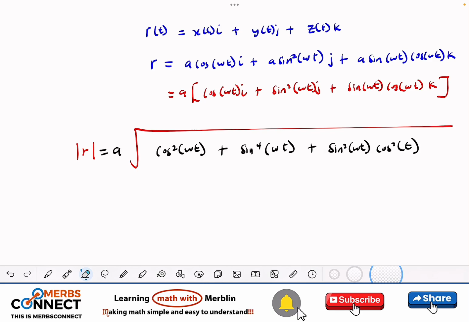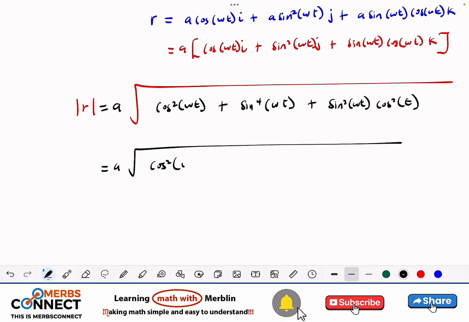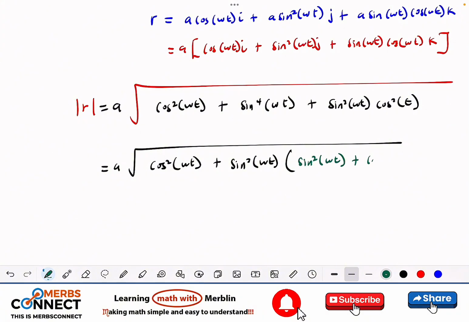Now let's try and simplify this. We are going to have a square root of cos squared omega t plus, now here I can factor sine squared out. So I'm going to have sine squared omega t out. This one will be left with sine squared omega t plus cos squared omega t.